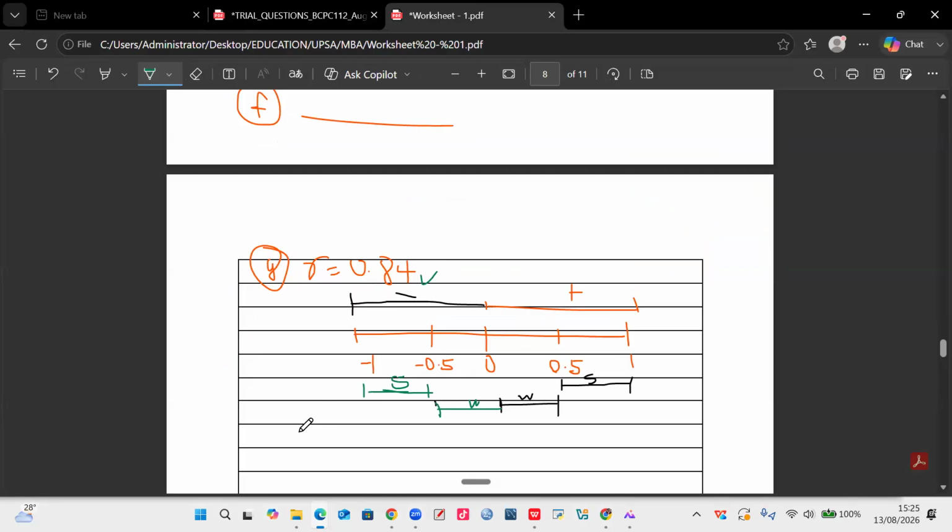So you see that there is a strong positive relationship. The correlation coefficient of 0.84 shows a strong positive relationship.